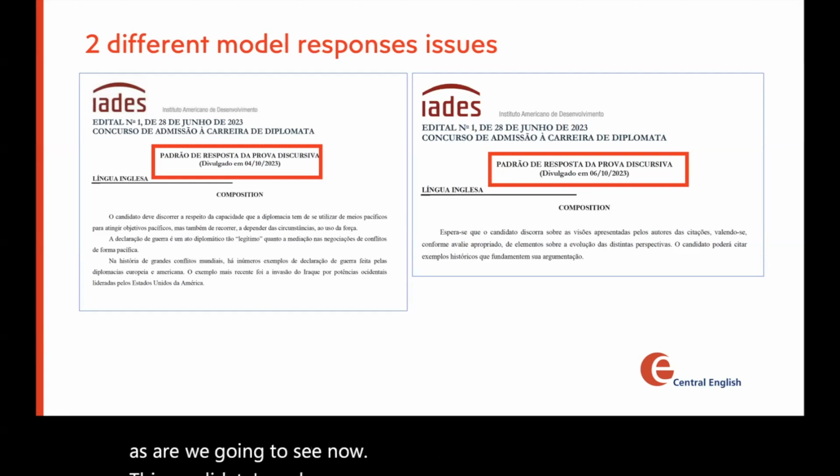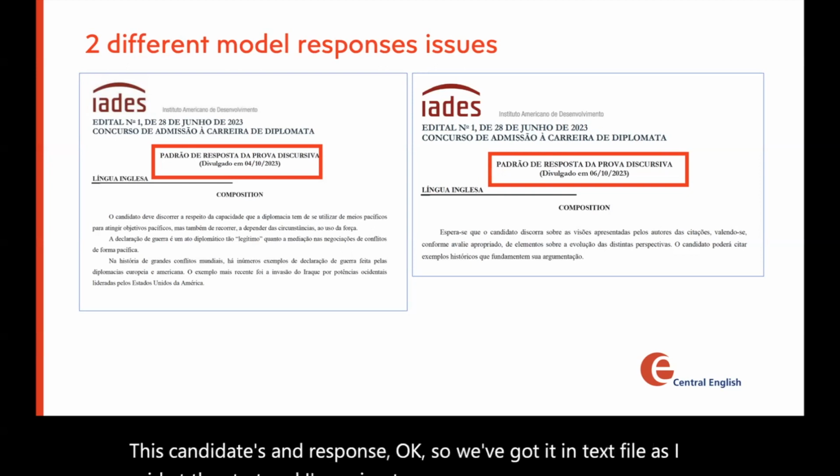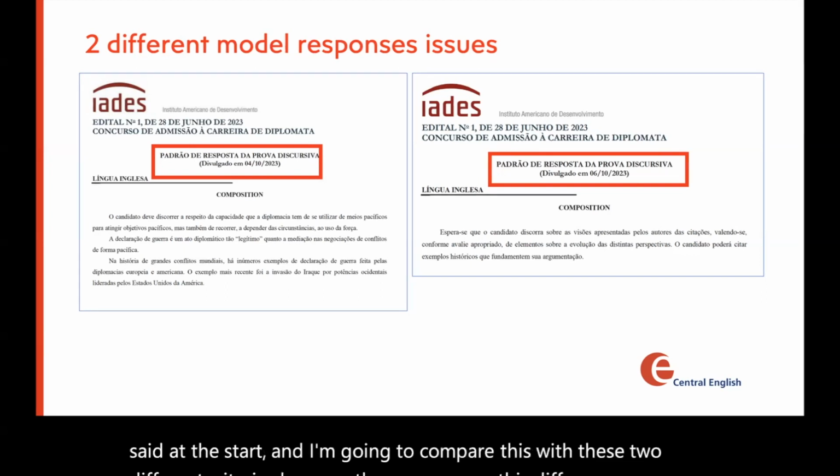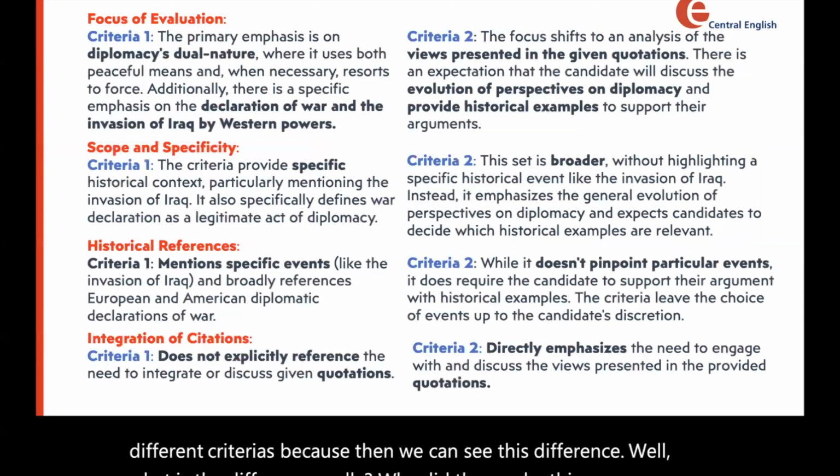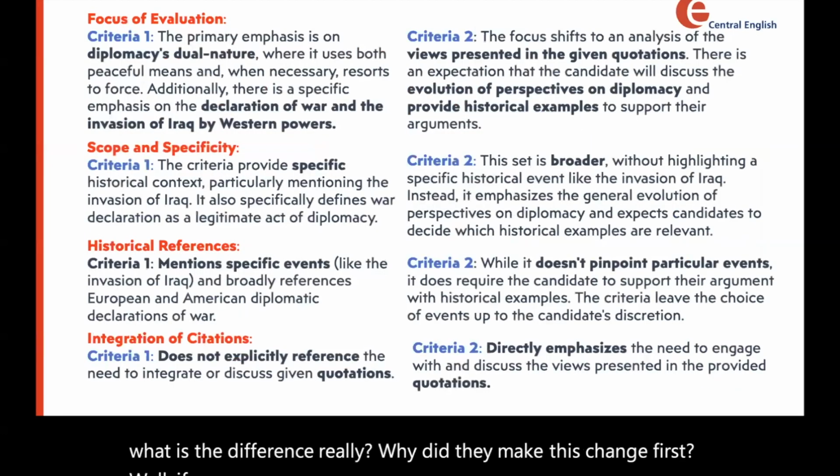Okay, so we've got it in text file, as I said at the start, and I'm going to compare this with these two different criteria, because then we can see this difference. Well, what is the difference really? Why did they make this change first?